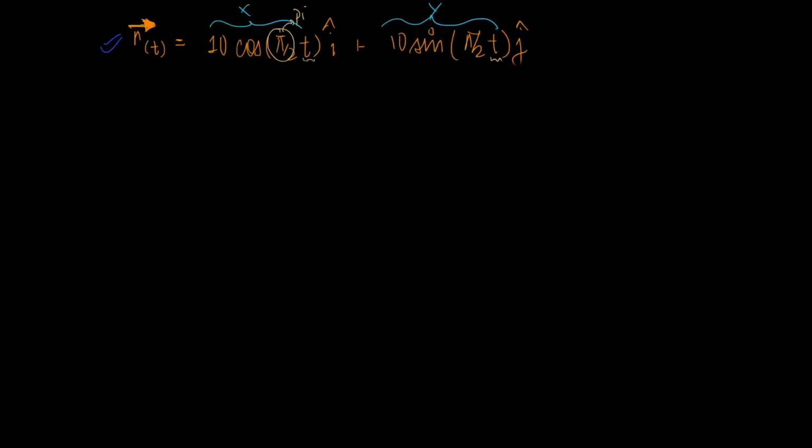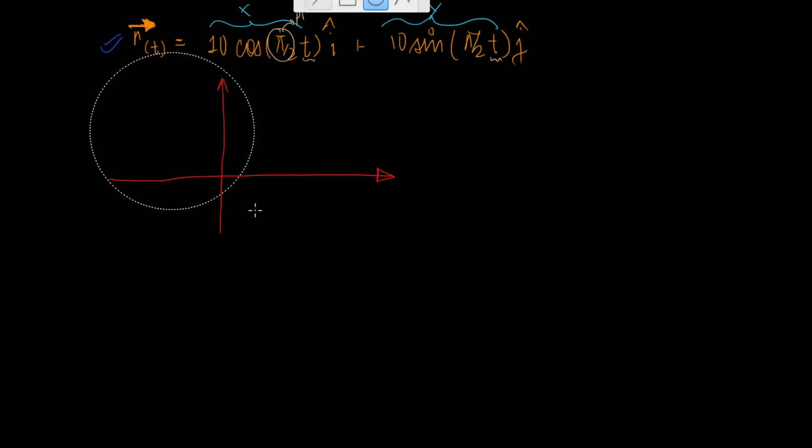For better representation, let us have our x and y axes. Let us draw it like this. So this is our y-axis, this is our x-axis, and our body now moves in a circular manner. Let me do my best to draw a circular trajectory.